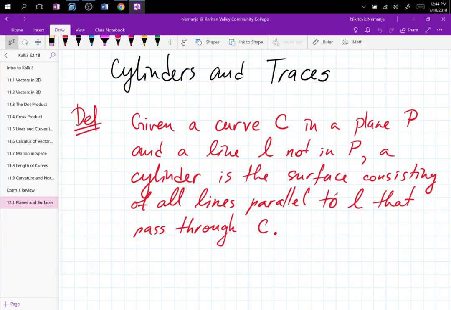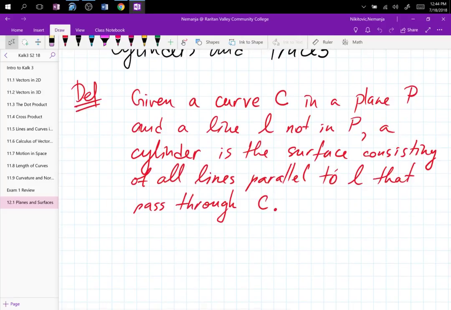So that will be a cylinder. And then we are going to talk about the trace. So another definition.